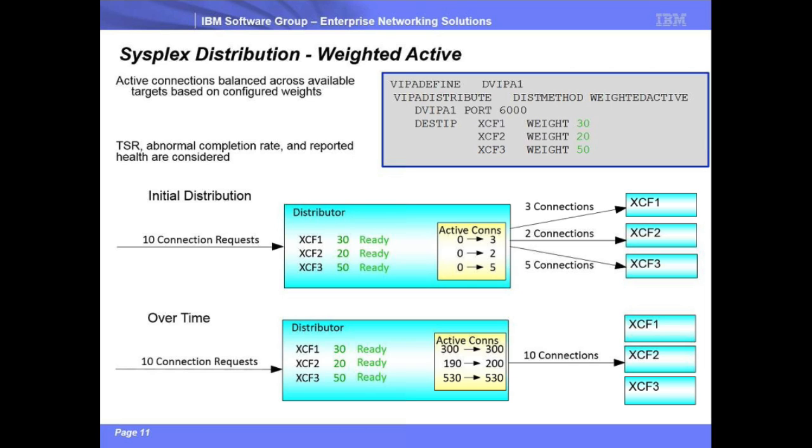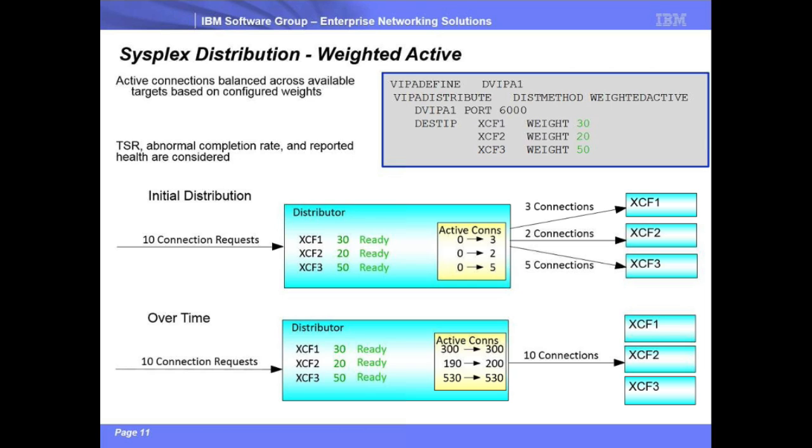So these weights are also normalized, and so the result would be that as 10 connections are received, the initial distribution would cause 3 connections to go to XCF1, 2 connections to XCF2, and 5 connections to XCF3, preserving that desired percentage.